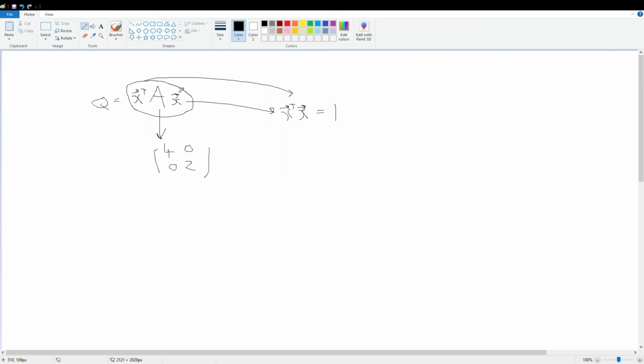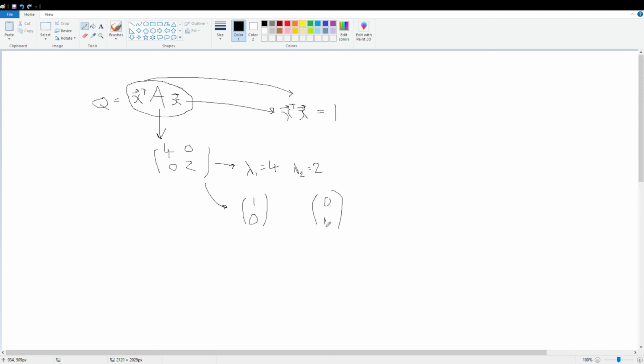So the way we do this is we start by finding the eigenvalues, which can simply be identified because they're on the diagonal, as lambda is 4, lambda is 2. And then with these, we can identify eigenvectors, which in this case I think will just be 1 and 1.